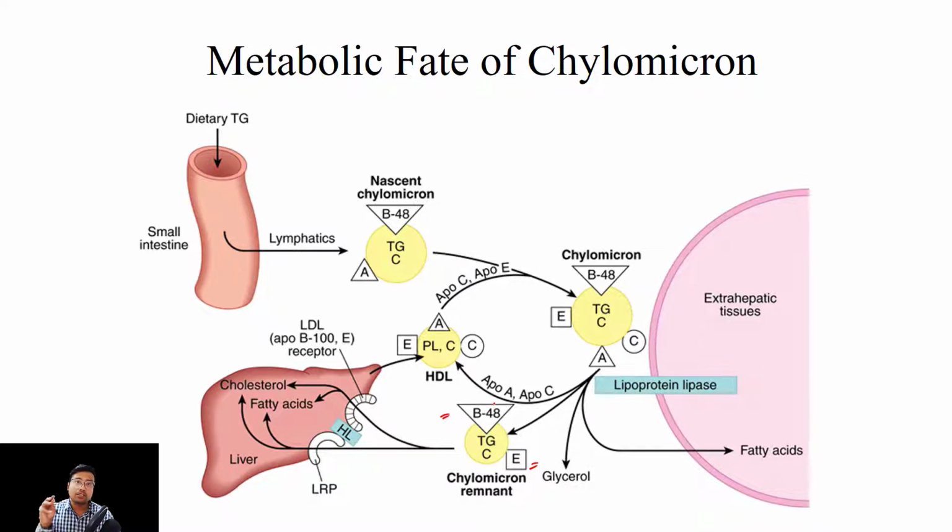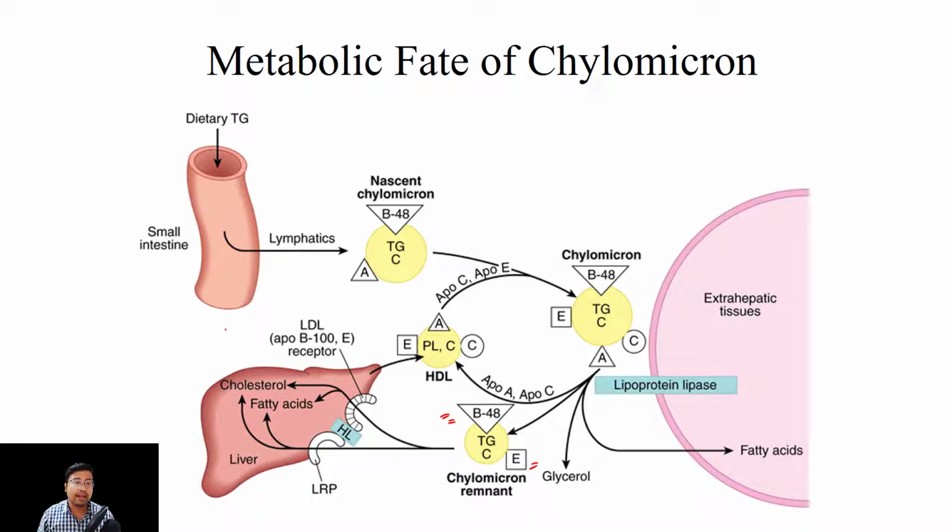Ligand means something which is attached to a molecule which can be identified by a specific receptor. So over here, the receptors in the hepatocytes recognize B48 as a ligand, they recognize ApoE as a ligand, and thus they can absorb the whole chylomicron remnant.